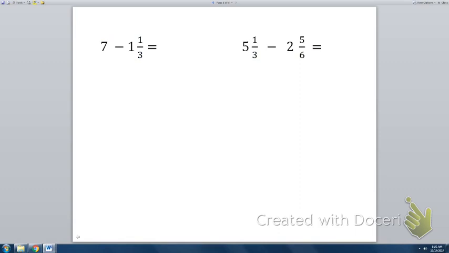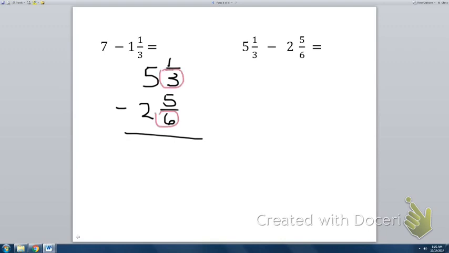Okay, so as you know, I like to write these vertically. I think they're easier to work with in fractions. So it's 5 1/3 minus 2 5/6. So the first thing that you should recognize is we have a 3 and we have a 6.